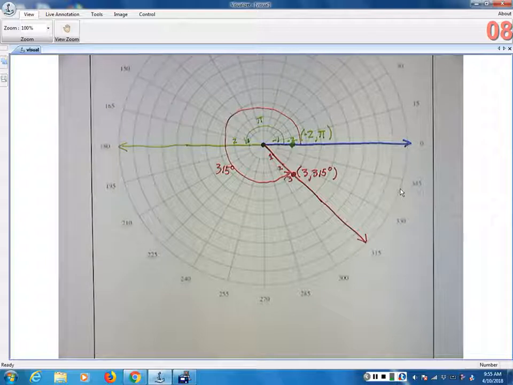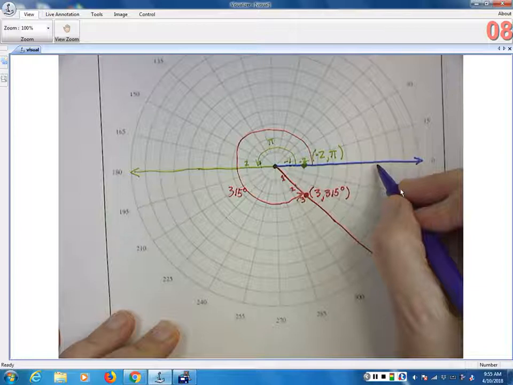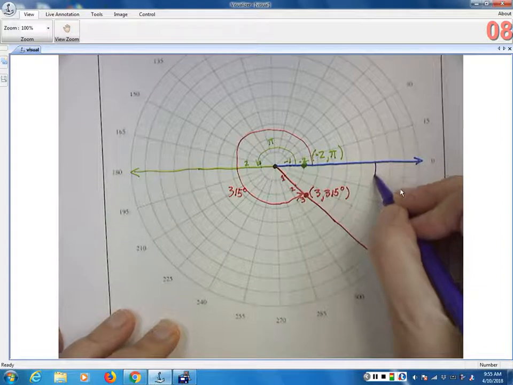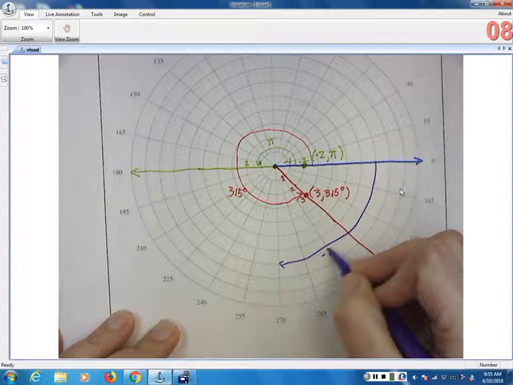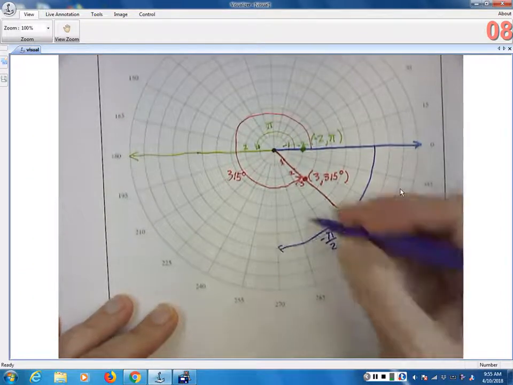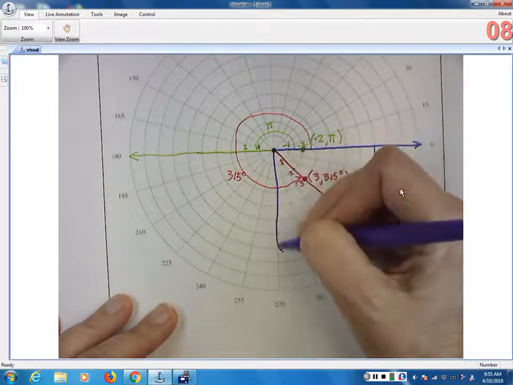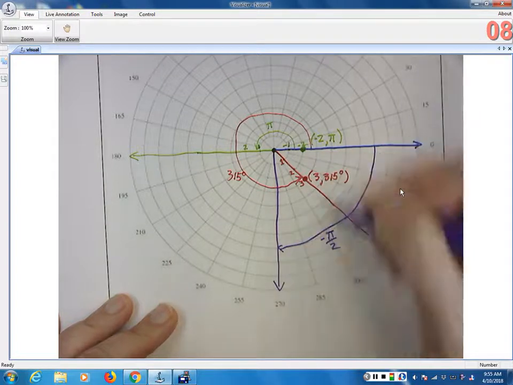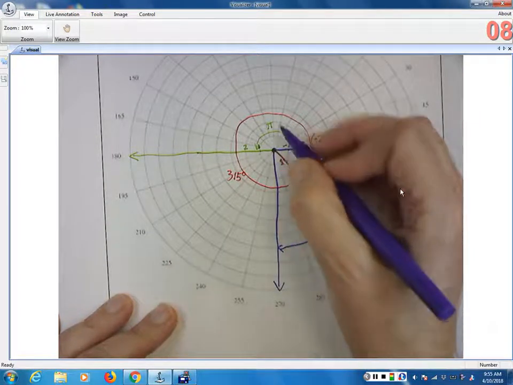And the last example, well, that's not the last thing. So (-1, -pi over 2). -pi over 2 is just here. That's that angle, but now we start at the pole and it said -1.